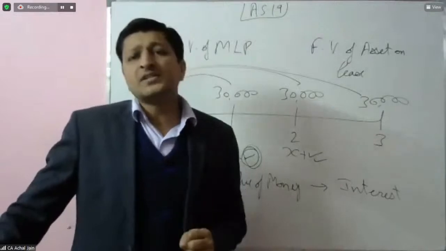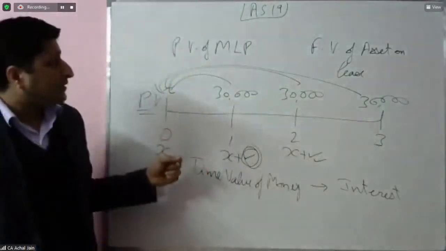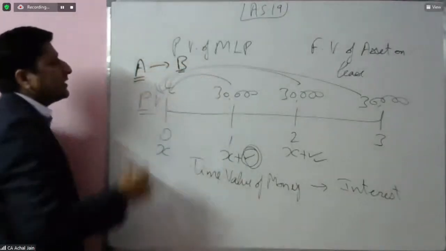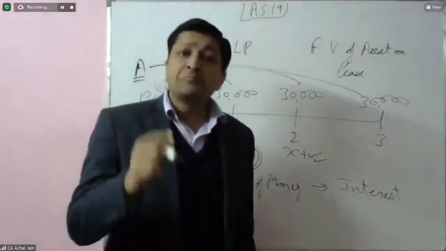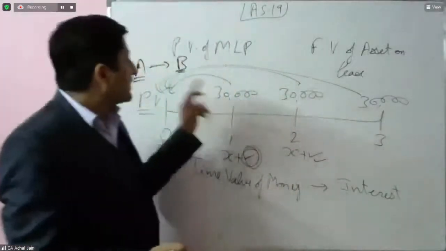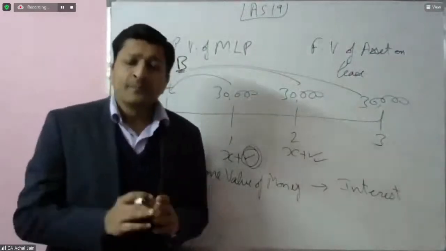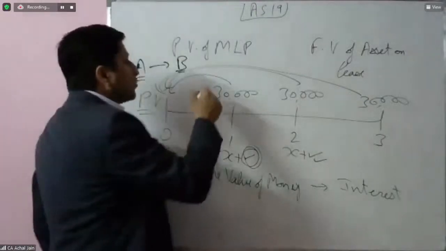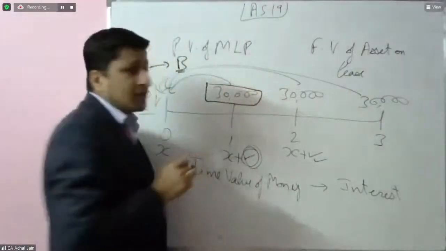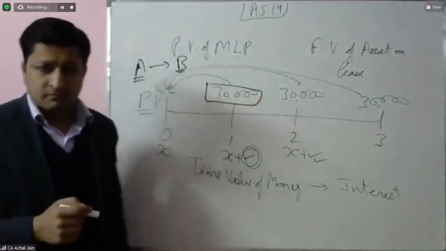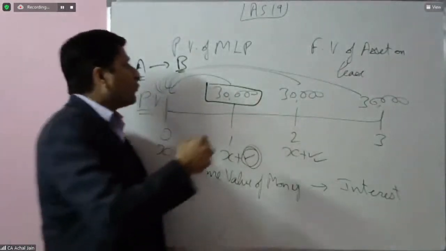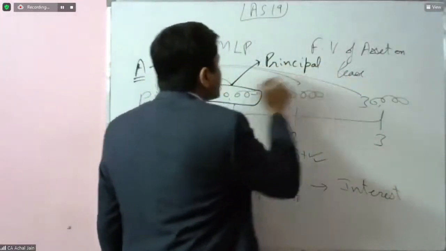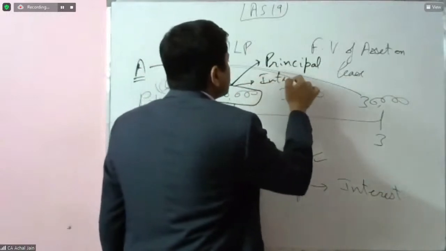Let's suppose there are two parties, A and B, who have entered into an agreement wherein B is paying lease rent of 30,000 to A. In this arrangement, we say that this amount is comprising of two parts: one is the principal and second is the interest on this.